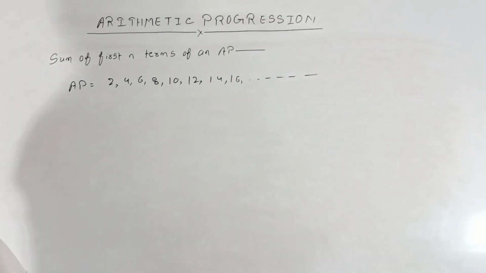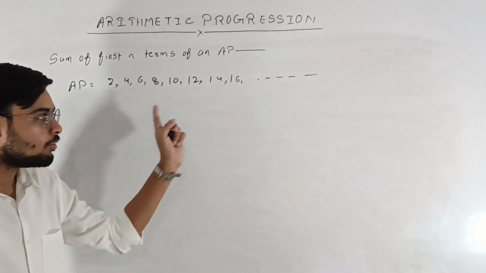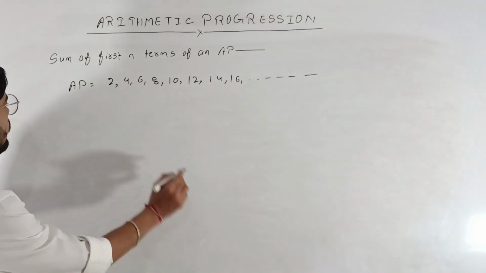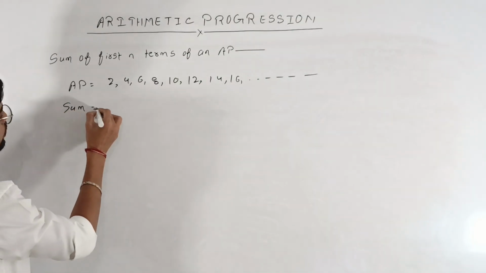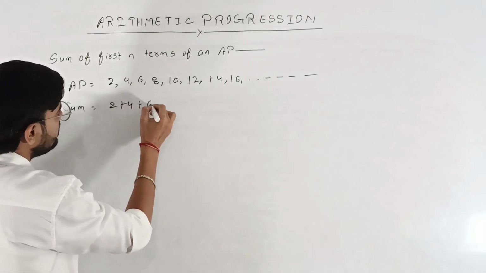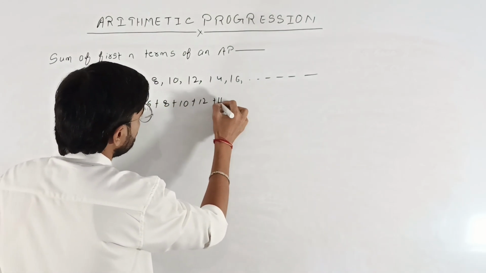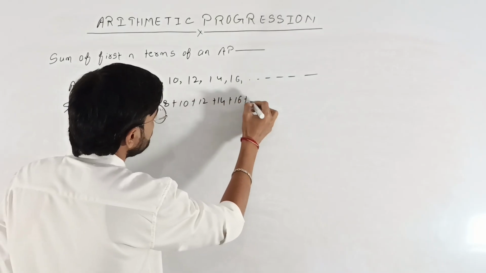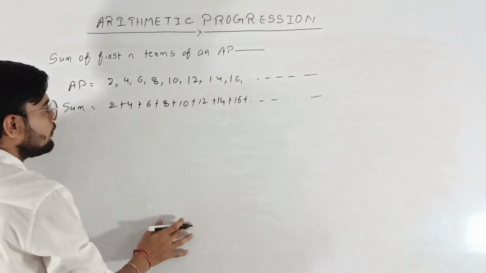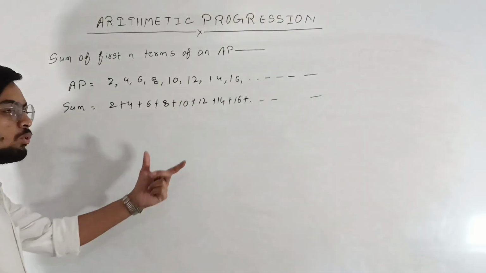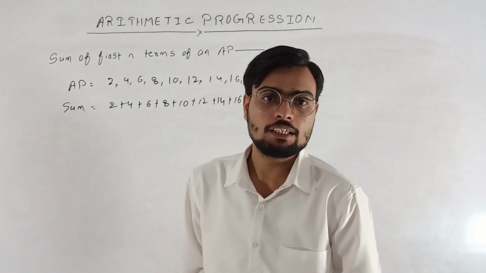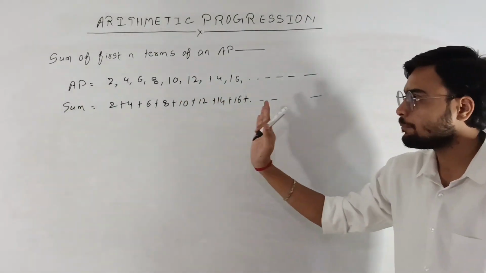And I have to find the sum of this AP. Then sum is equal to 2 plus 4 plus 6 plus 8 plus 10 plus 12 plus 14 plus 16 and so on. If I do it like this, then I get difficulties finding the sum of this AP.